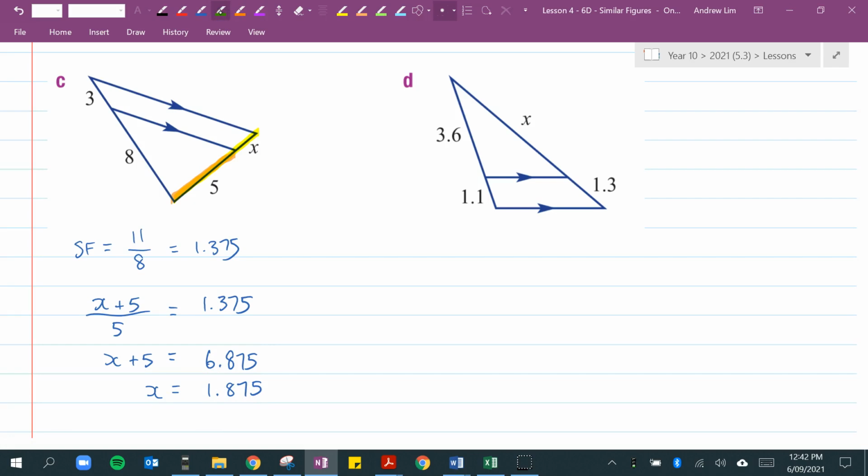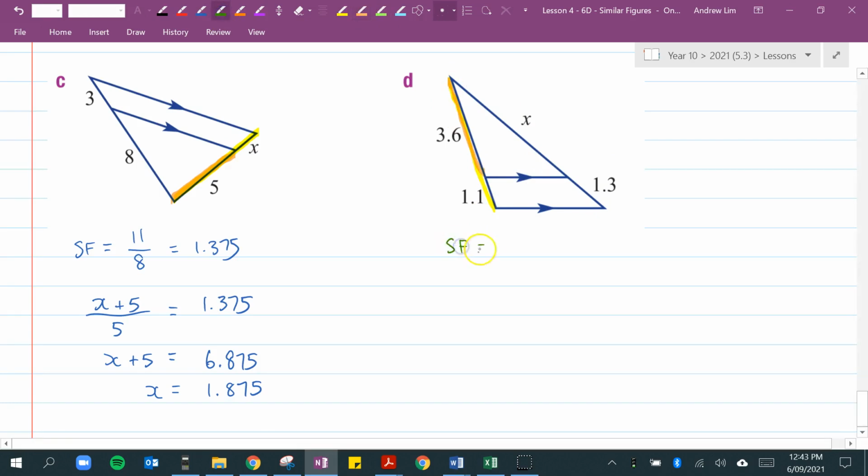Okay, last one. This triangle is similar to that. Therefore, this longer corresponding side divided by the shorter one will give us the scale factor.